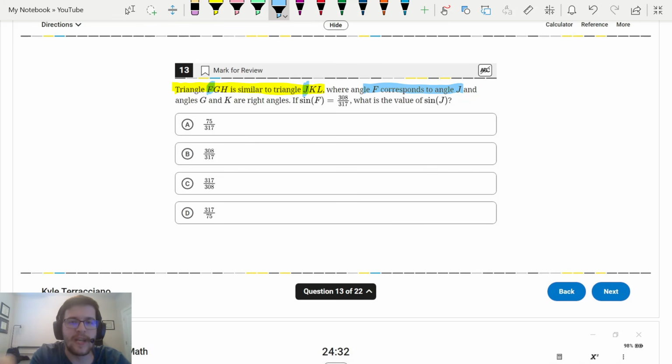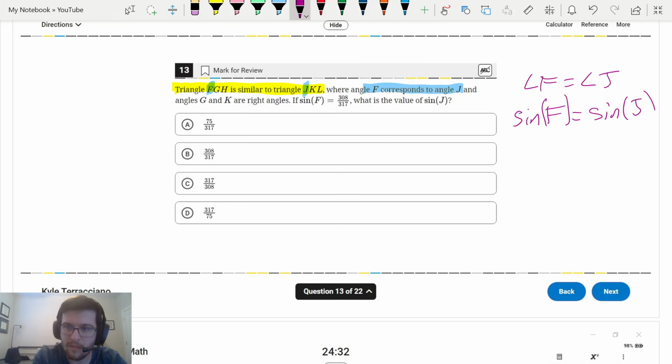So if angles correspond, they're equal in similar triangles. In similar triangles, one, the corresponding side lengths are proportional, and two, the corresponding angles are equal. So the measure of angle F is equal to the measure of angle J. And if that's the case, their trig ratios are equal too, right? So sine of F is equal to sine of J. Sine of F is 308 over 317, so sine of J is also 308 over 317.